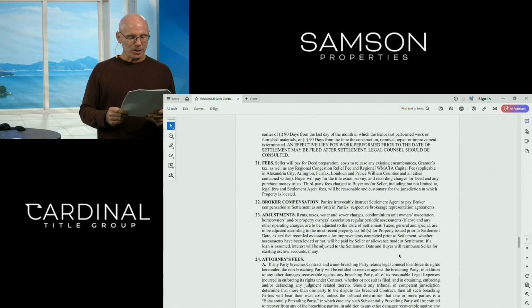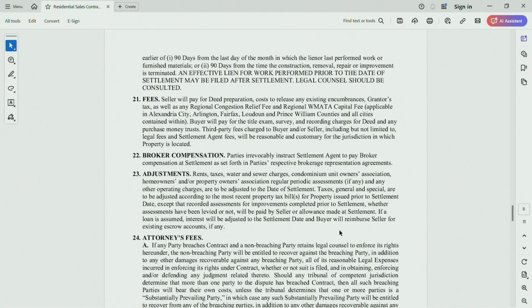Paragraph 23, adjustments. This is just letting the buyer and the seller know that there are going to be adjustments on the ALTA for things that maybe the seller paid already and the buyer has to compensate them for, or vice versa, i.e. the taxes, right? So tax bills are normally due in June and December. So say we're settling in October, which is right now. The seller that's currently living in the property hasn't paid their taxes since sometime at the end of June.